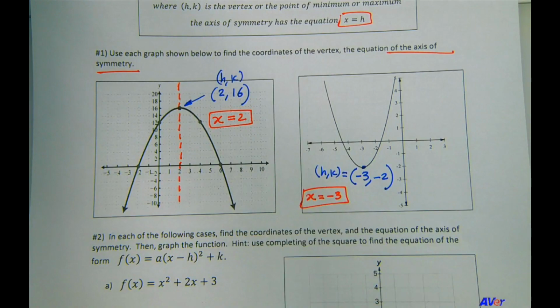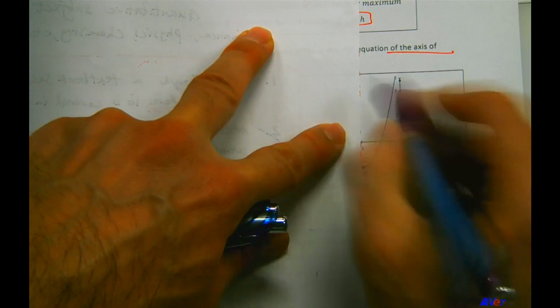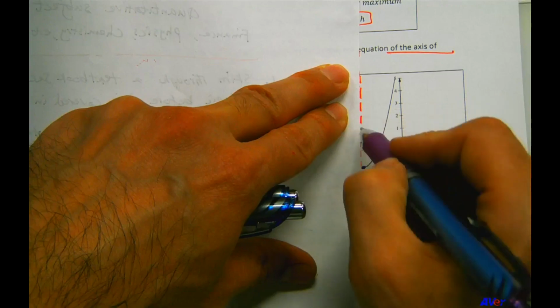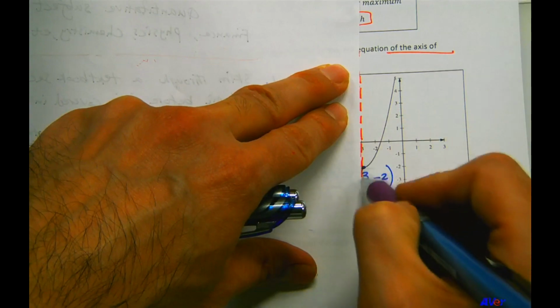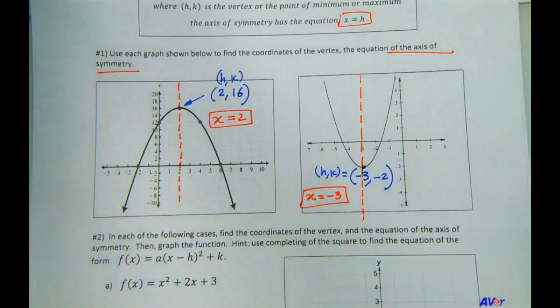And just like before, we can draw a dashed line right through that, like that. Okay, that's the axis of symmetry.